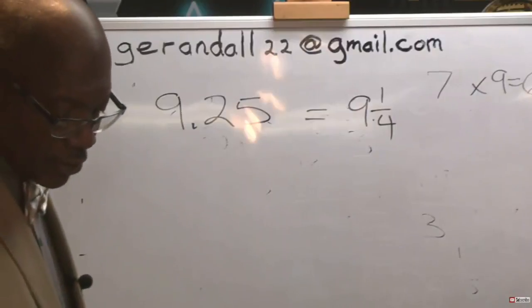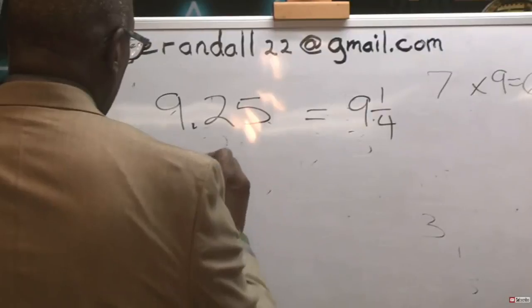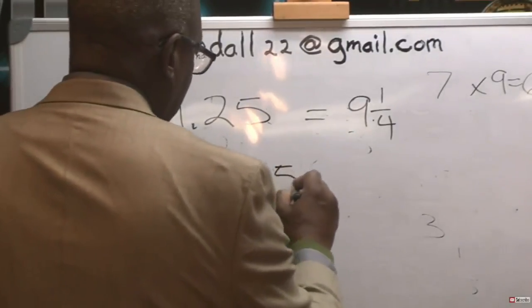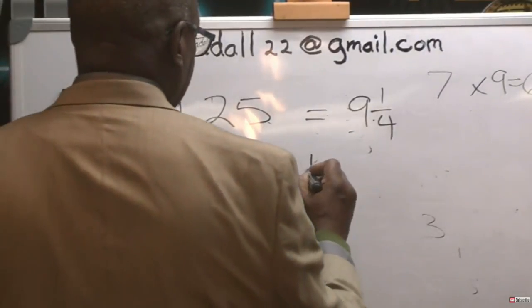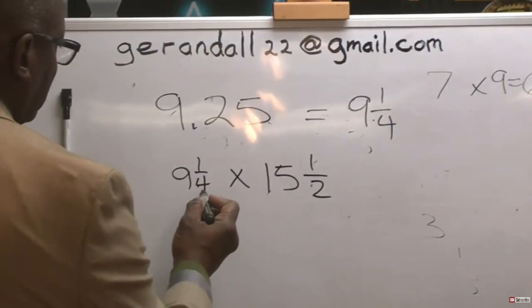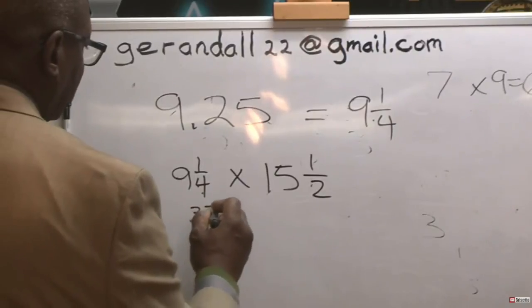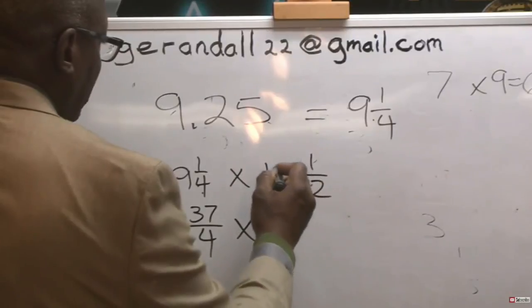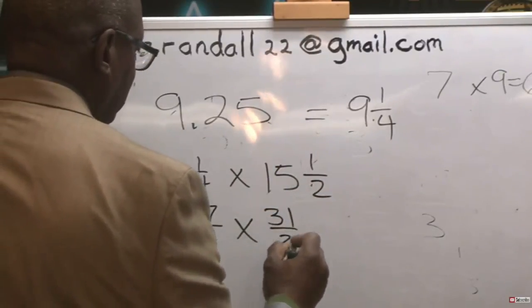That enables us to multiply 9 1/4 times 15 1/2. Conversion: 4 times 9, 36, plus 1, 37, over 4, times 2 times 15 is 30, plus 1, 31 over 2.